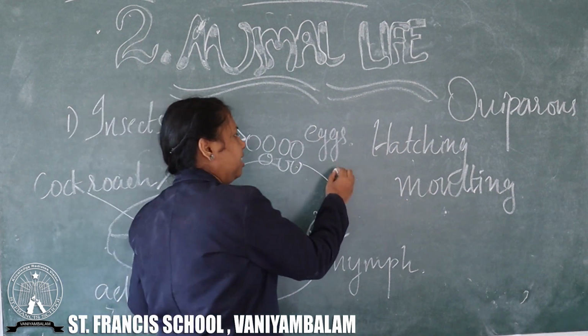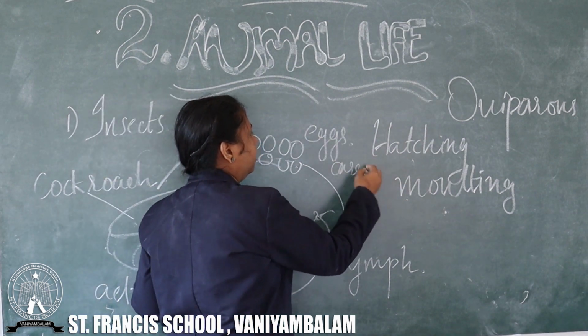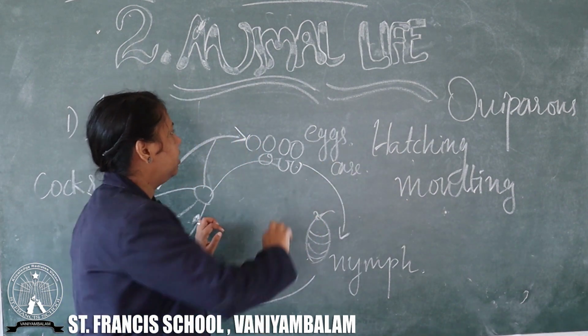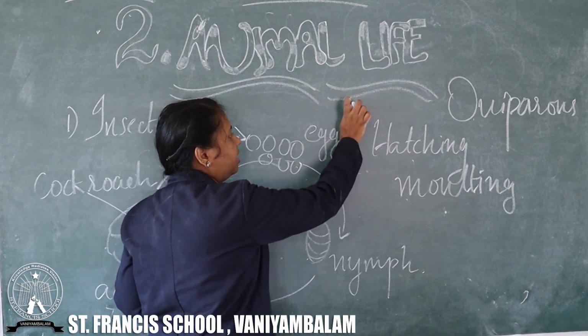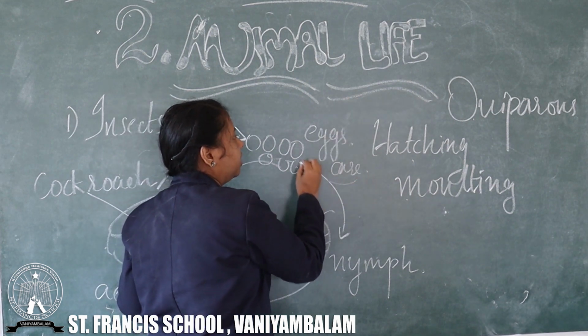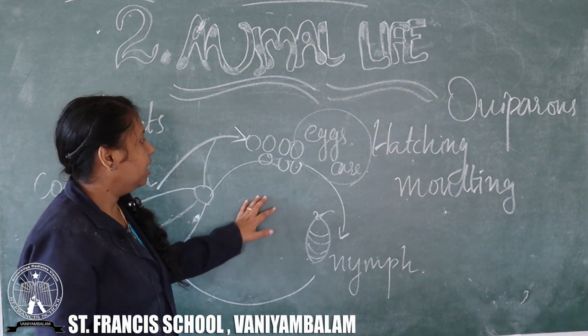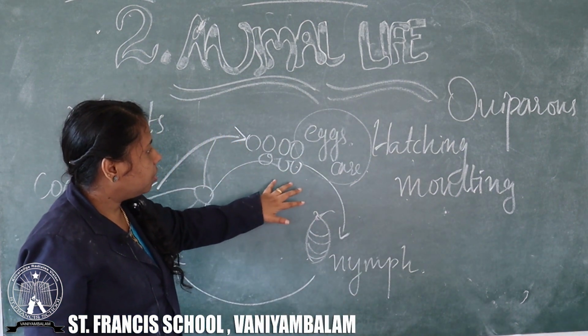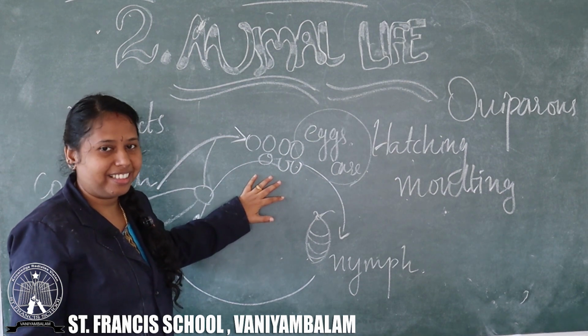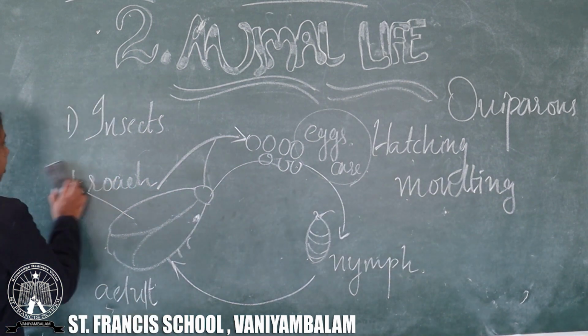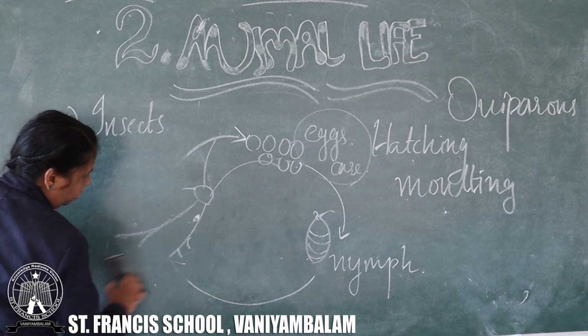What is the egg case? The egg will be covered with a case, so instead we can say it is an egg case. Not that important, just focus on the eggs. That's enough. So the cockroach is over.